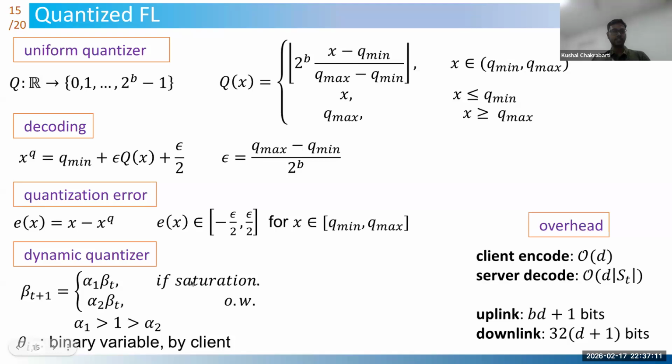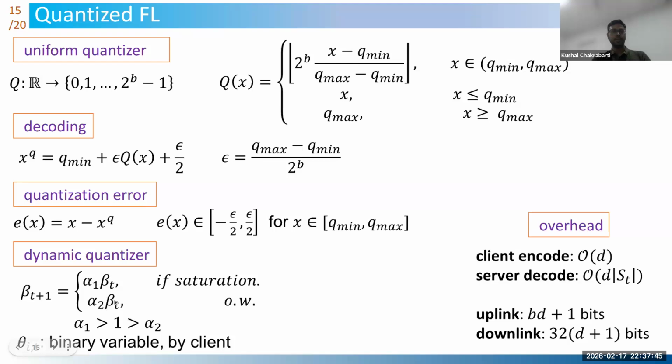Here i is the client index and t is the current time. The client knows, when it is doing the quantization, whether saturation happens or not. So it communicates this to the server by this scalar variable. The server receives all the scalar variables from all the participating clients at the current time. If there is no saturation, the server reduces the range of quantization, with alpha 2 less than 1.